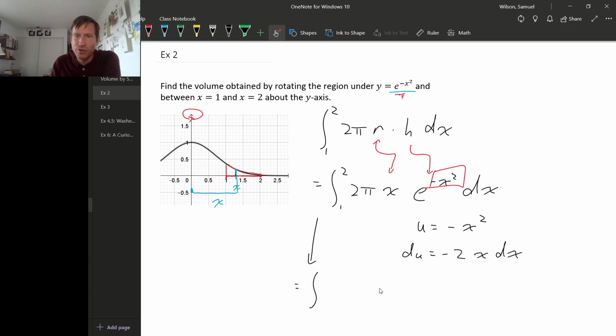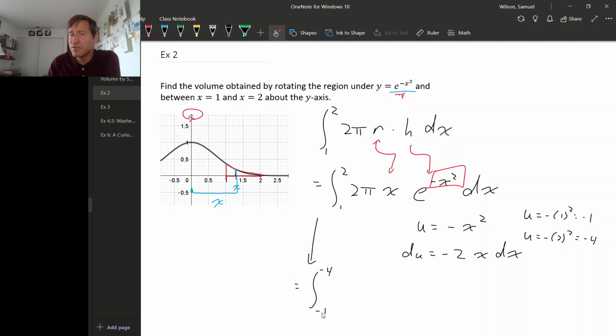Now we can rewrite this integral. Let's translate our bounds. When x is 1, we get u is minus 1 squared, so that's minus 1. So minus 1 is our bottom bound. When x is 2, then u is minus 4. So minus 4 is our top bound.